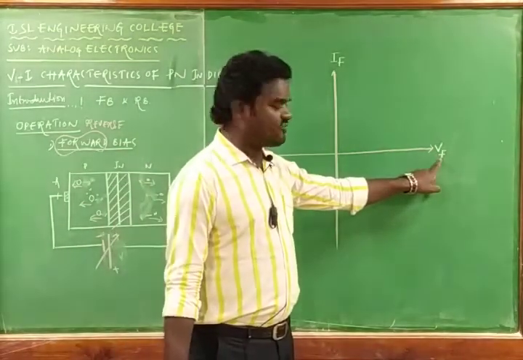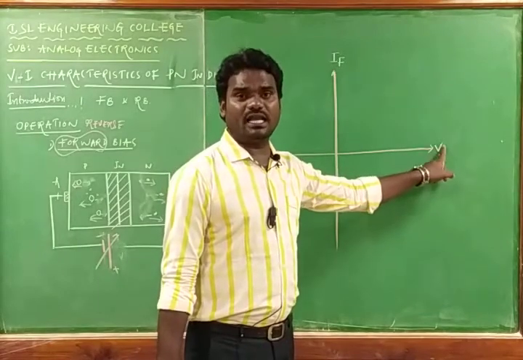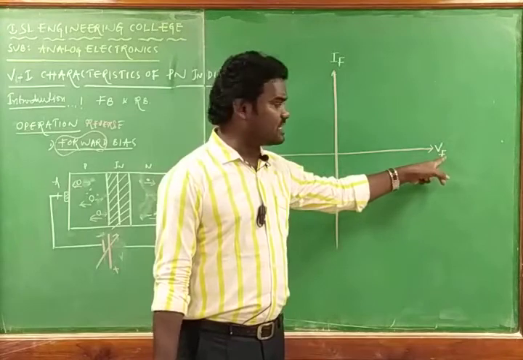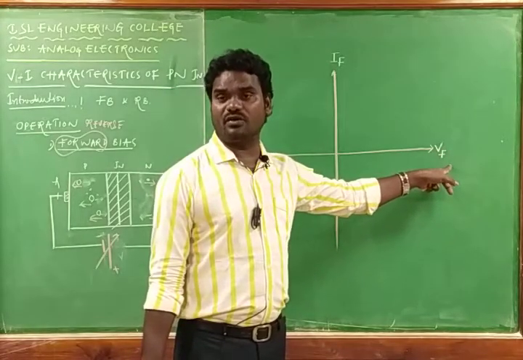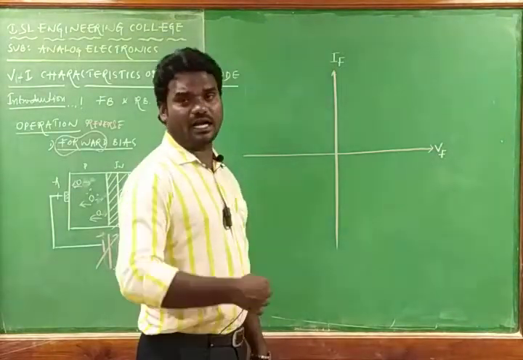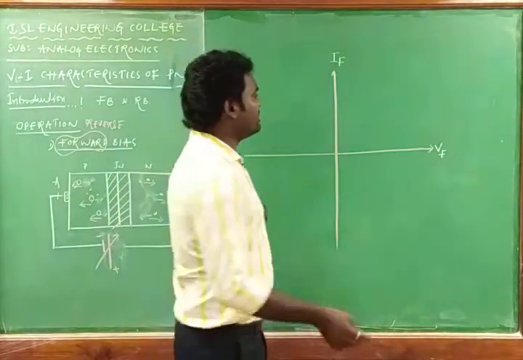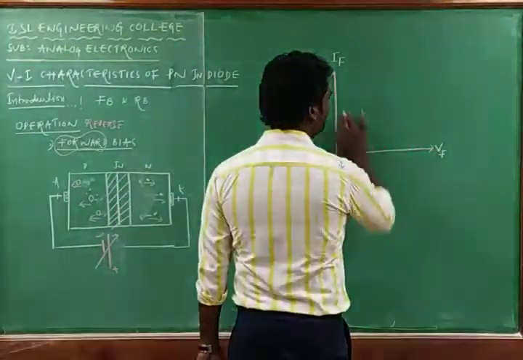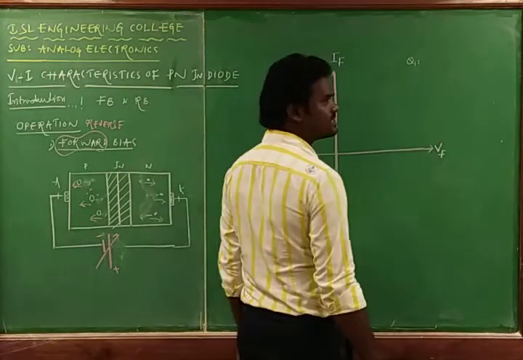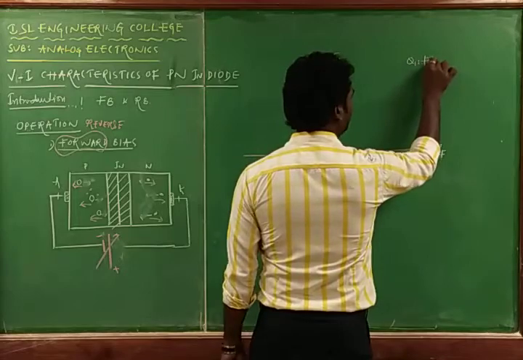This is VF, the external DC voltage connected, or the voltage across the PN junction diode. IF is the current through the diode when it is connected in forward bias. So the first quadrant explains the VI characteristics of the forward bias PN junction diode.